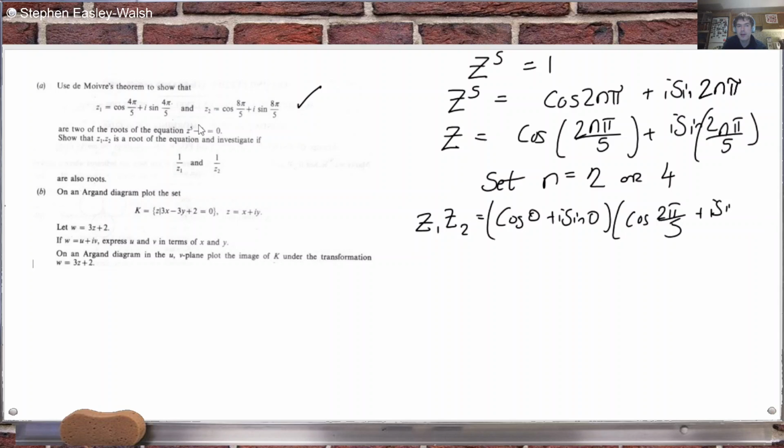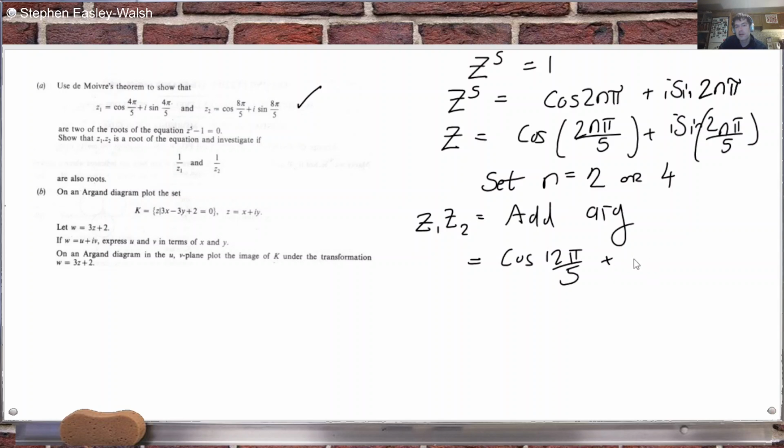I forgot about that. Z1 and Z2 are given. Right, so you just have to add the angles. So it just becomes cos 12π over 5 plus i sin 12π over 5.